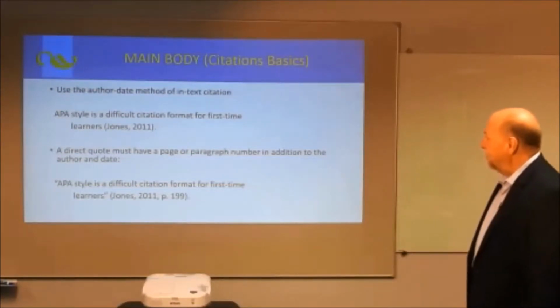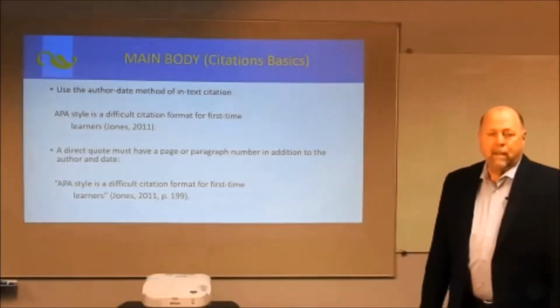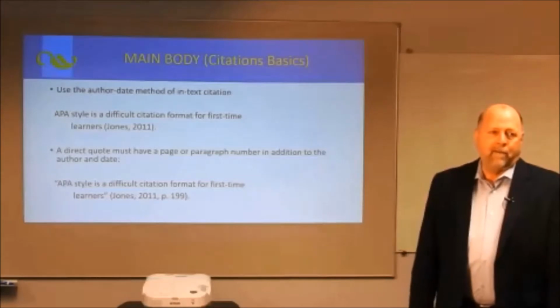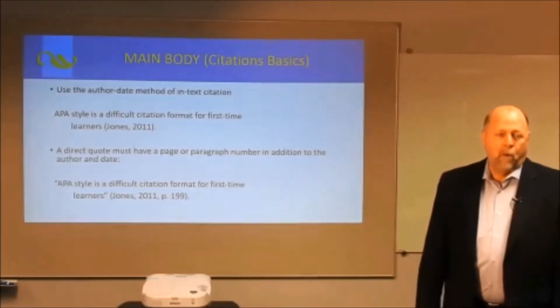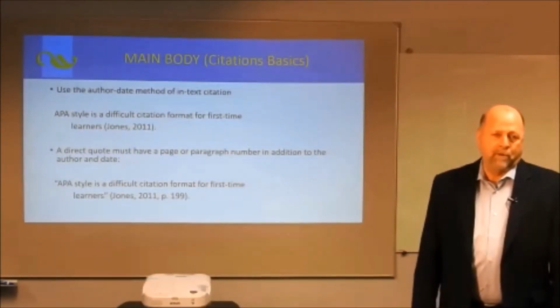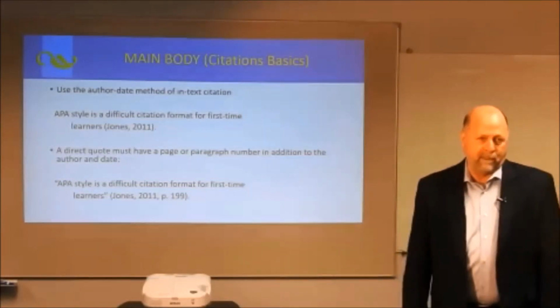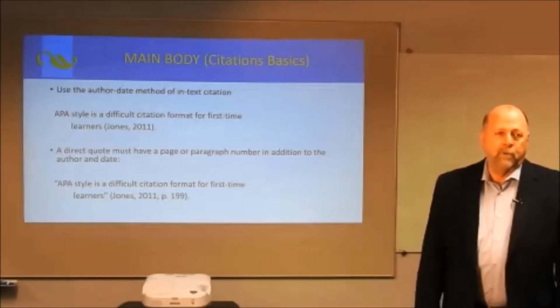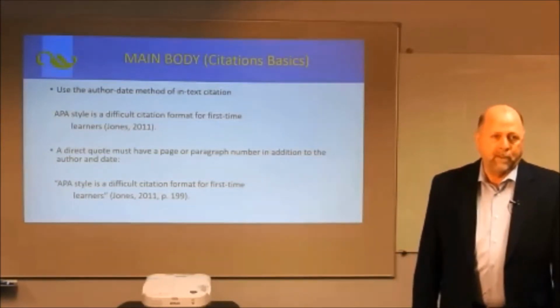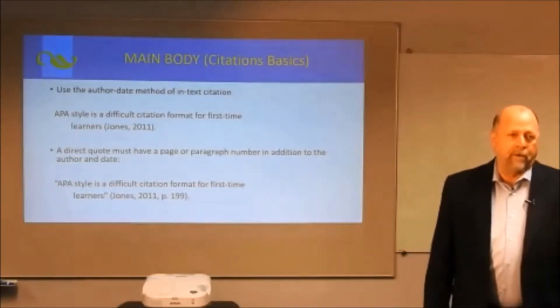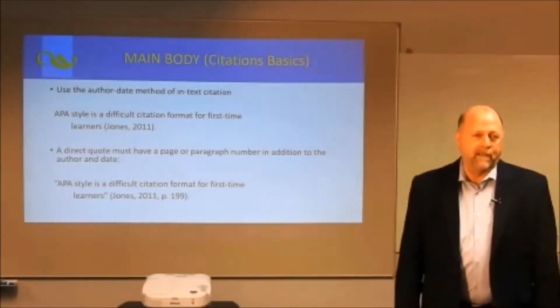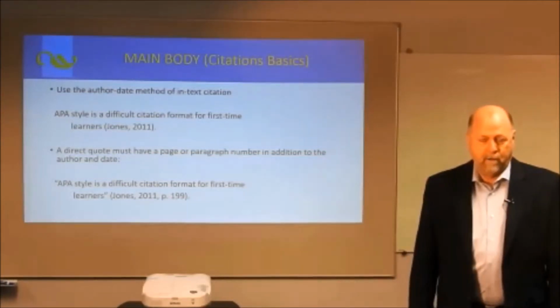Also, in the main body of the paper, let me tell you a couple of things that I think would be helpful to you. What I notice in student papers, and when we're talking about APA writing, we're usually talking about business papers. When you refer to an organization or a business, do not refer to that organization or business as they or their.